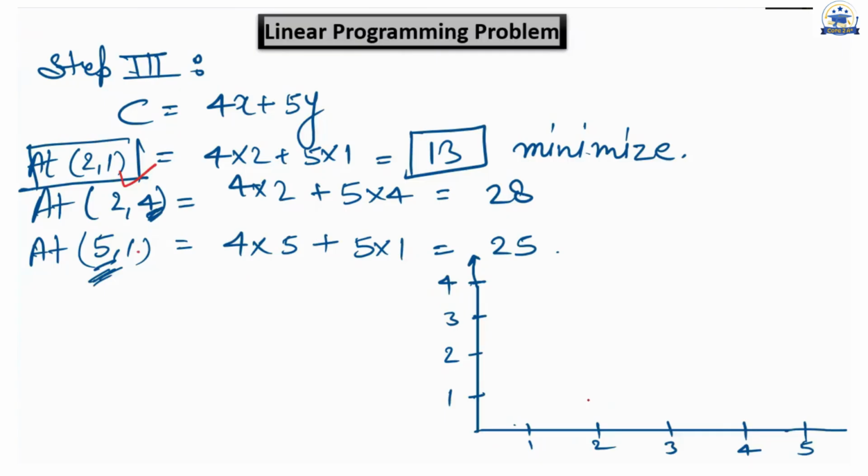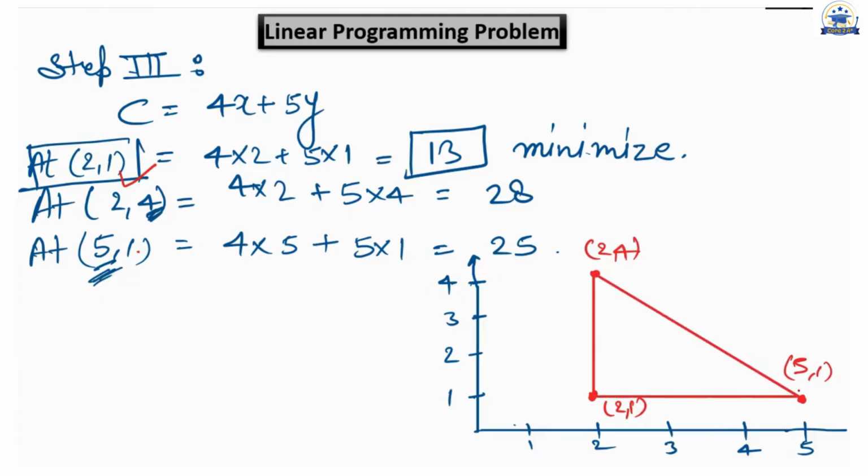Where is 2 on x and 1? This is 2, 1. The second coordinate, 2, 4, over here. And the third one, 5, 1. Let's meet them with each other. Okay, this is your shaded area, the feasible region.